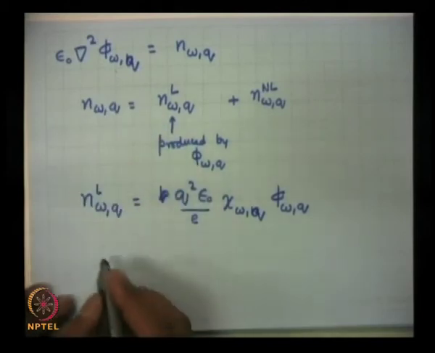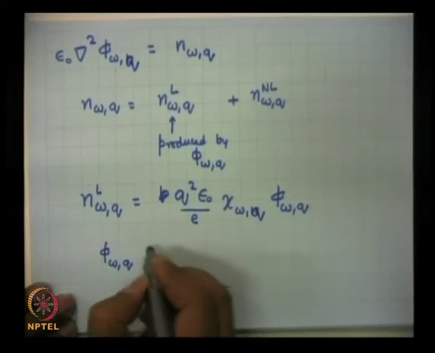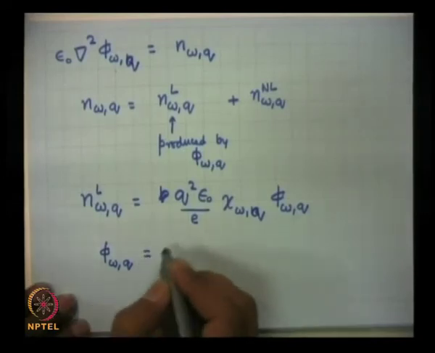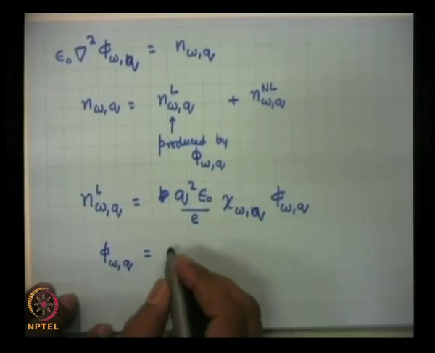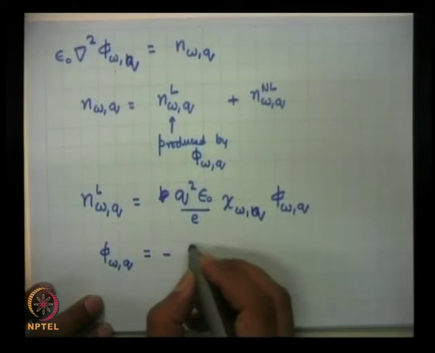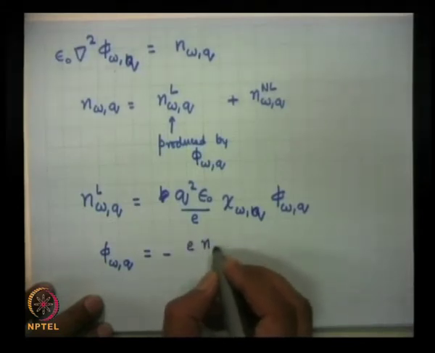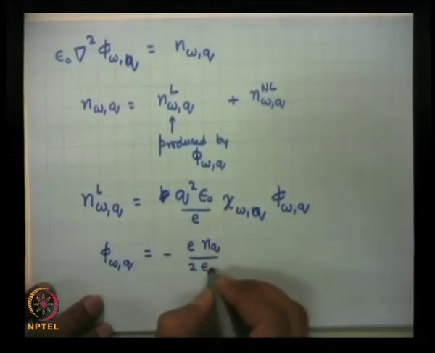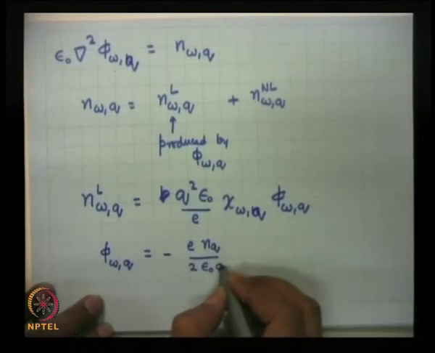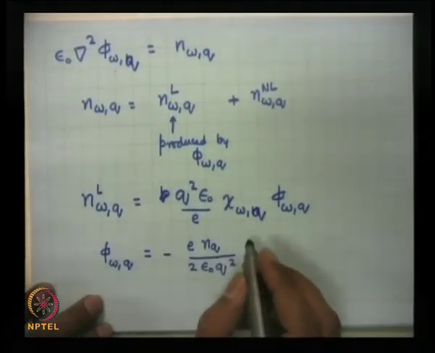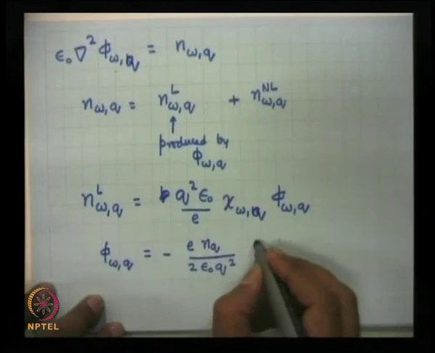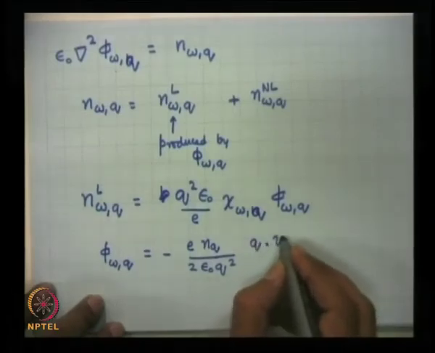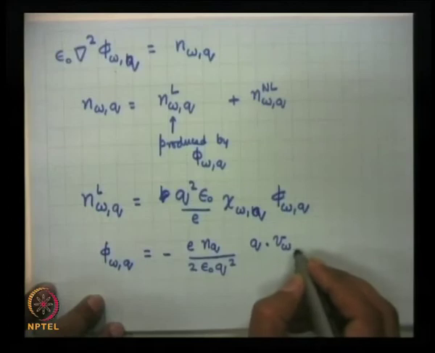So, this gives me phi at omega q turns out to be simply equal to, just substitute it here, and you will get this is equal to minus e n q divided by 2 epsilon 0 q square into q dot v omega comma 0.